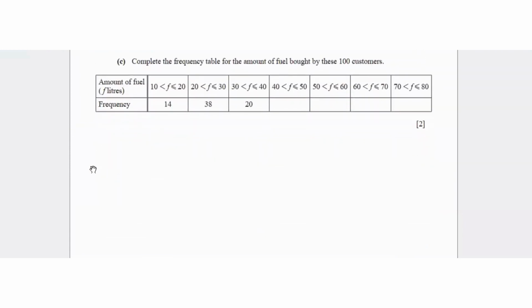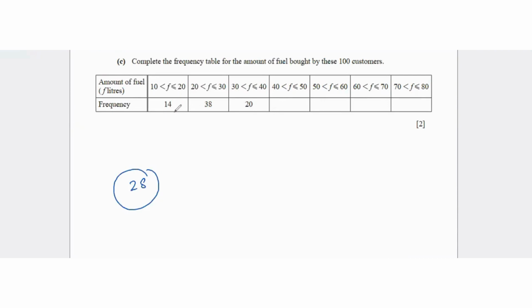Now complete the frequency table for the amount of fuel bought by these 100 customers. In part C, we have to find the remaining frequencies. The total frequency was 100, so we subtract the given values: 100 minus 14 minus 38 minus 20. That leaves 28, which has to be divided among all 4 of these boxes.